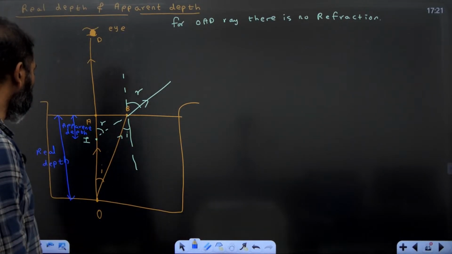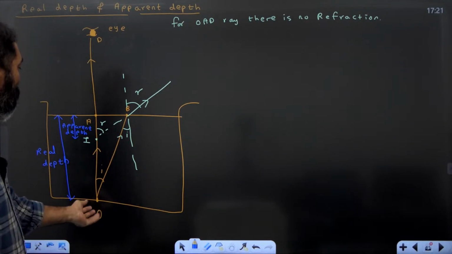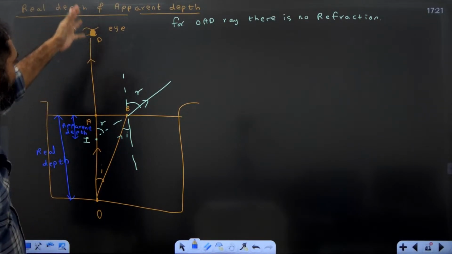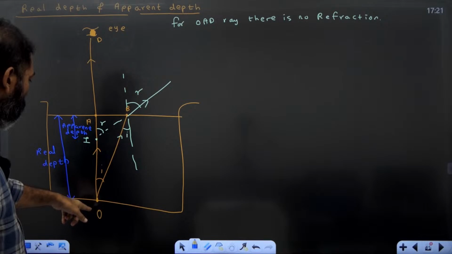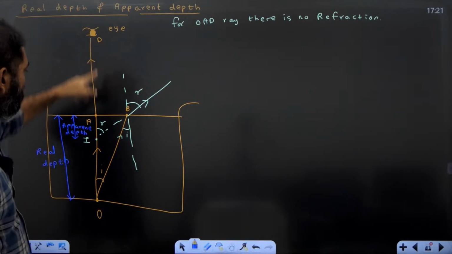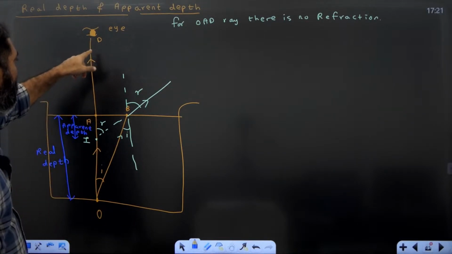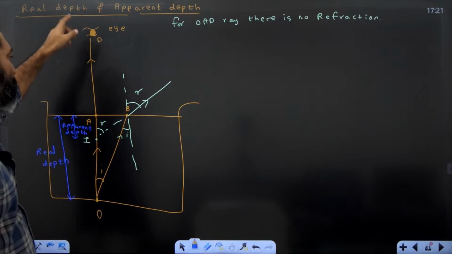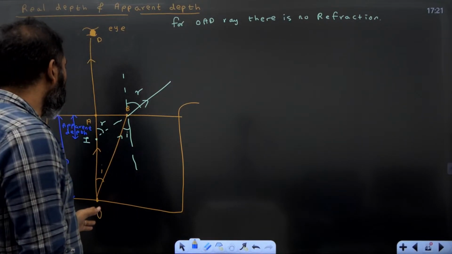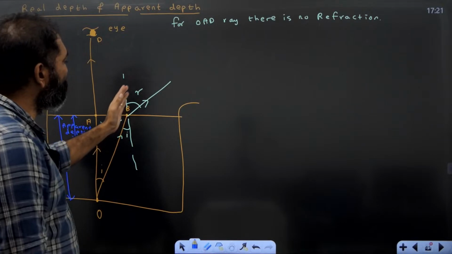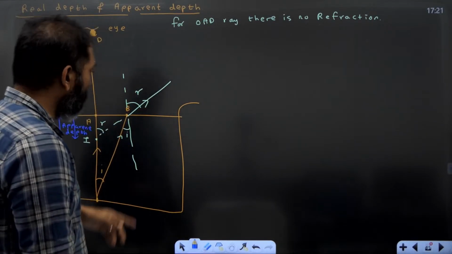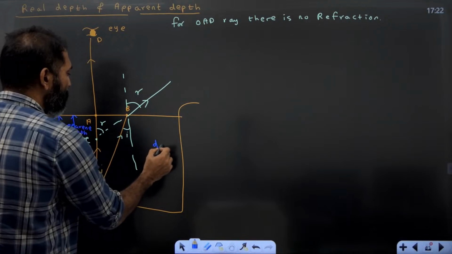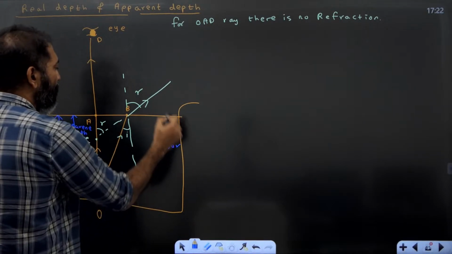Children, any doubt in the figure? This is point object O. There are 2 rays coming from O. One is through the normal, so there is no refraction. It goes through the point, the ray OAD, which suffers no refraction because it is along the normal. For ray OB, it suffers refraction at point B. This is denser, this is rarer air.